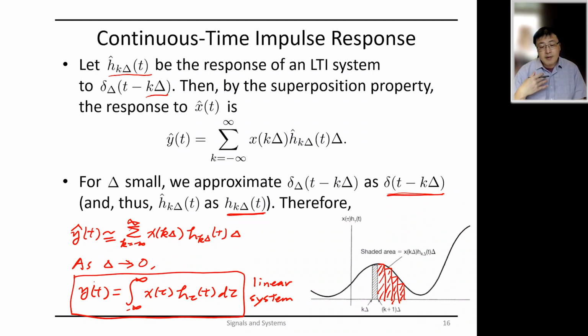Now, if you have a system that is further time invariant, then this response to an impulse at time tau would then just be a time-shifted version of the response to an impulse at time 0. Okay.